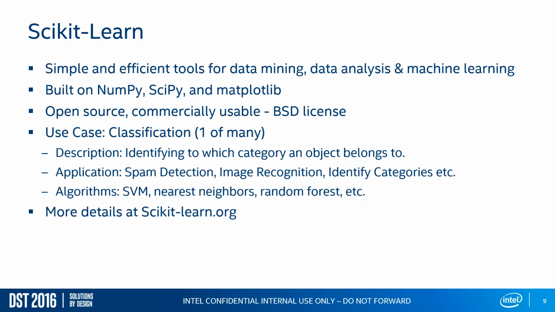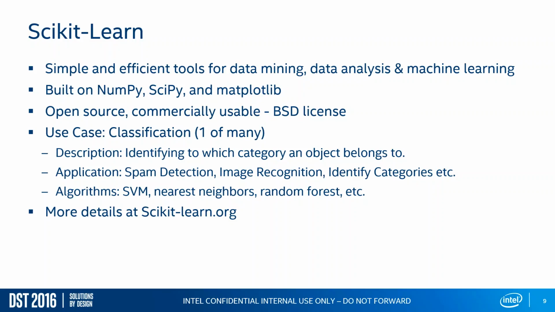In this particular case, we're going to focus on the classification use case, which is, again, one of many. With classification, what you're trying to do is identify which category something belongs to. In this case, we're talking about categories of iris, trying to predict what category a specific iris belongs to.